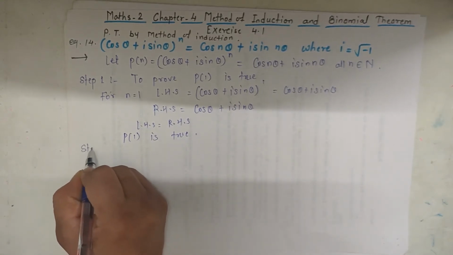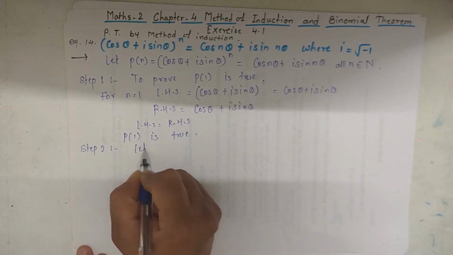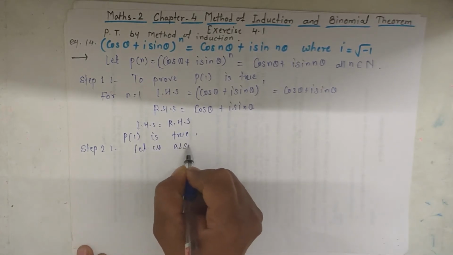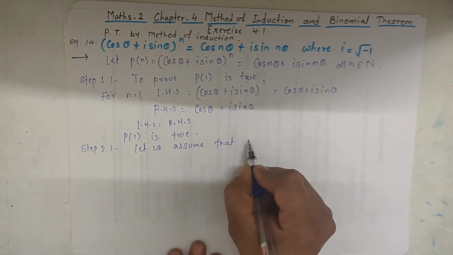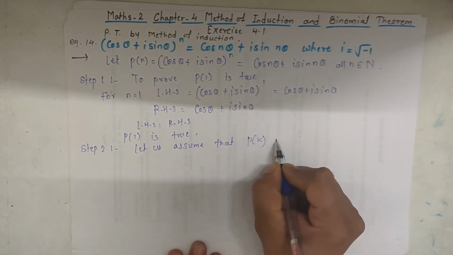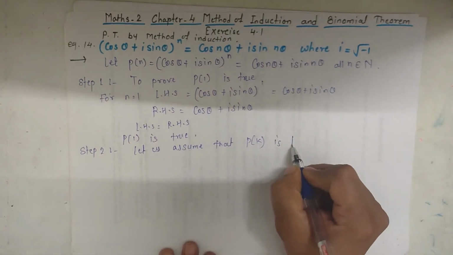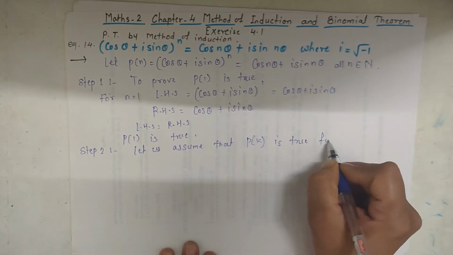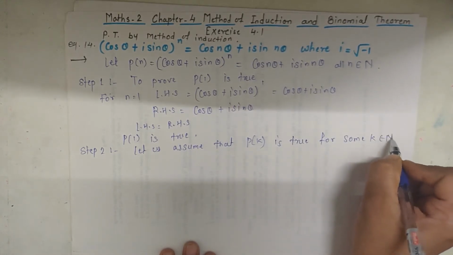Now in step 2, let us assume P(k) is true, for some k belonging to the natural numbers.